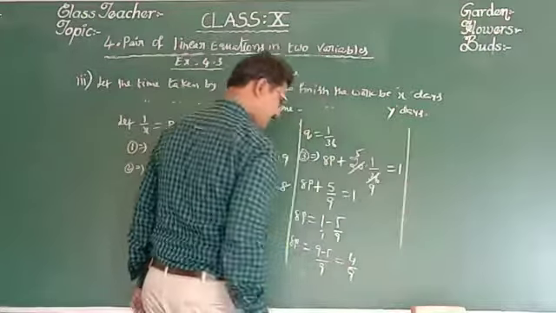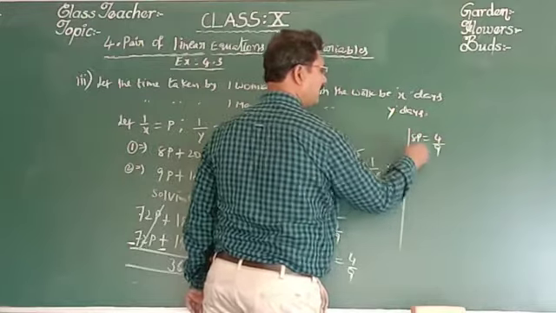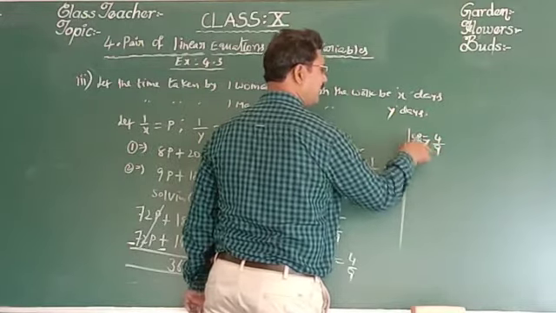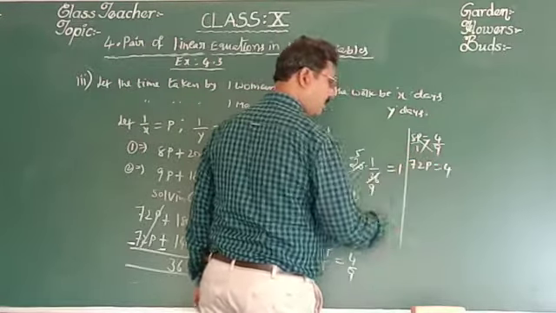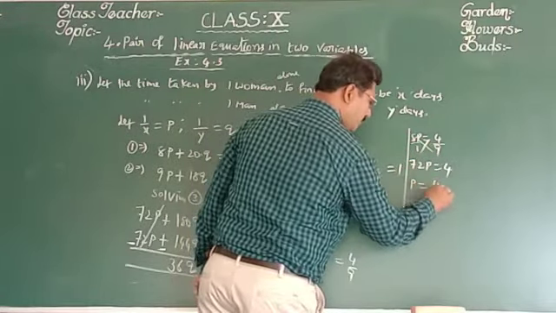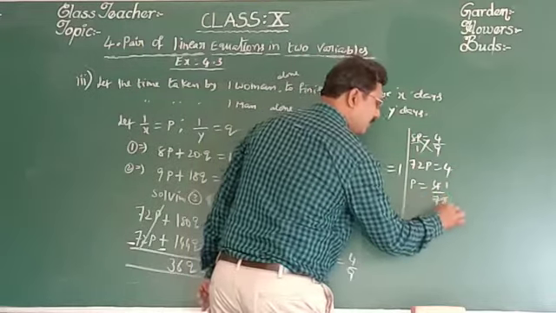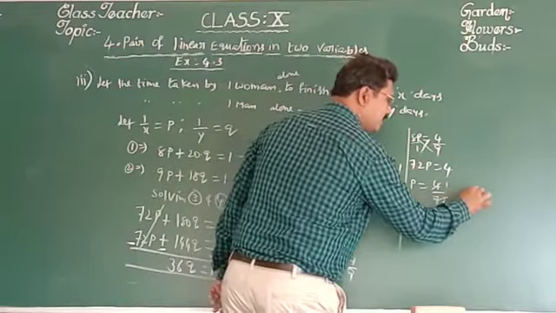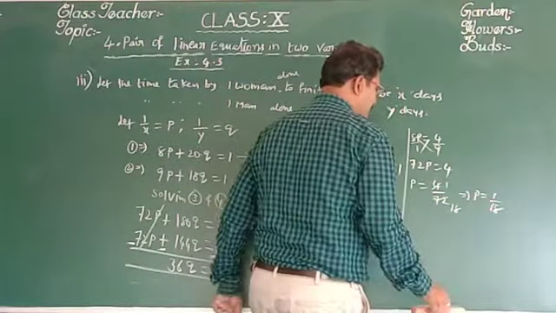So 8P is equal to 4 by 9. Now by cross multiply, 8 9s are 72P is equal to 4. P is equal to 4 by 72. So 4 1s are 4, 4 18s are 72. So P is equal to 1 by 18.